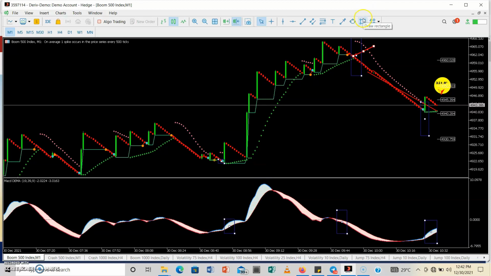That's the first condition. The second is we want to have the parabolic dots below our candlestick, which was confirmed right here. And then obviously the radar should be pointing up, which I'm sure it was at that time, because we can't really check since this is a real-time radar. It only shows what's happening at that moment. So I'm sure it was pointing up because all the other confirmations were there.